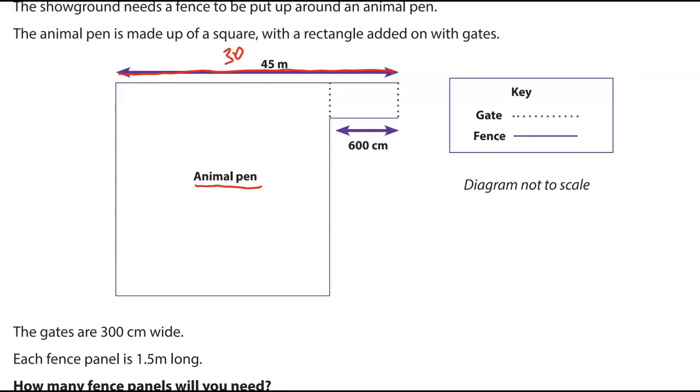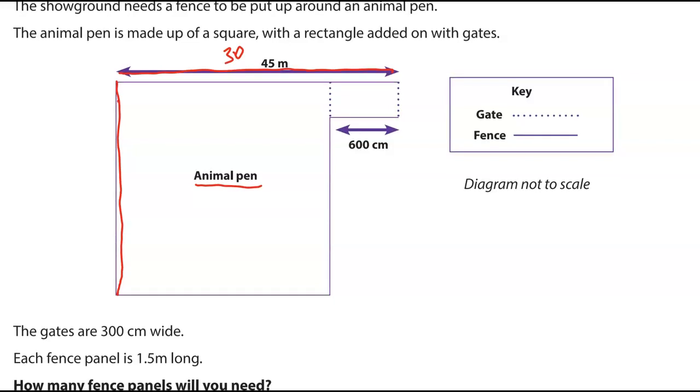And then we have this side here. Do we know how long that is? We're given that this is square shaped, so we need to work this out. So this length here is the same as this one up to this point. So what we need to do is take away 600 centimeters, which is the same as this, from the 45 meters.